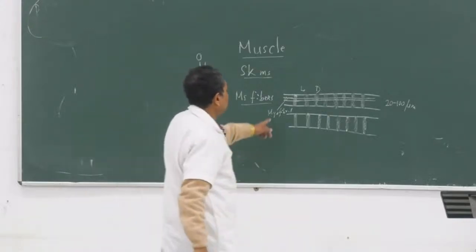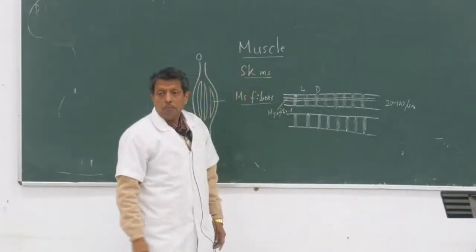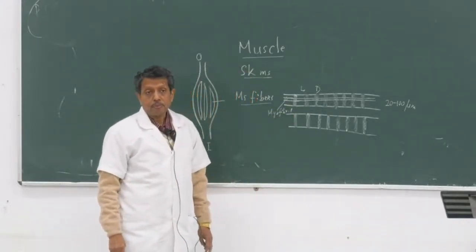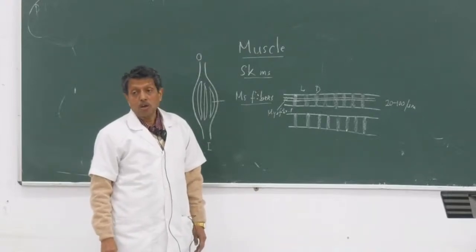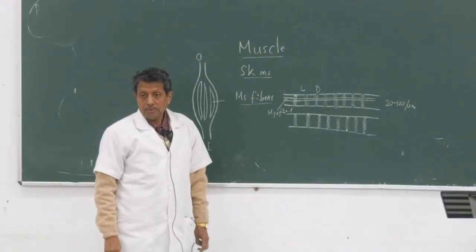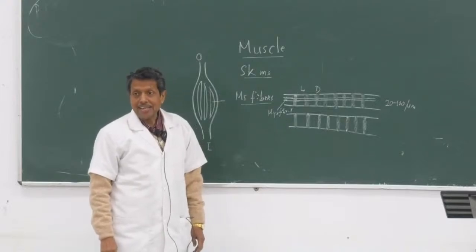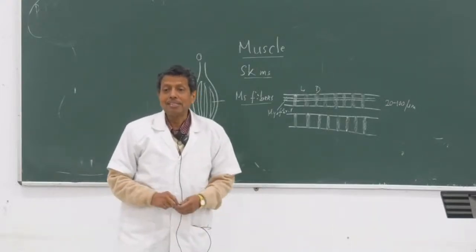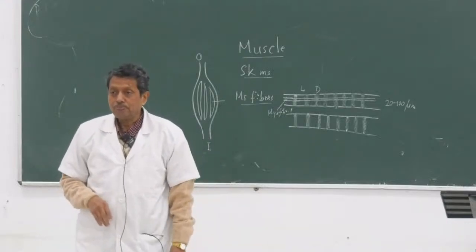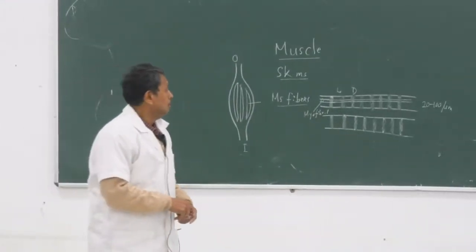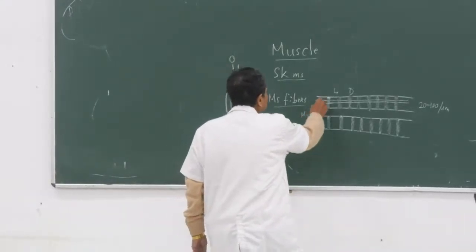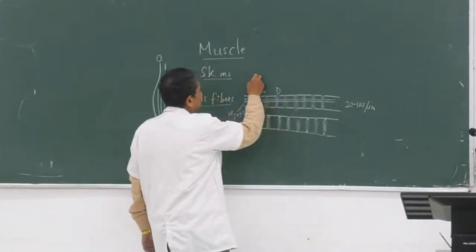And this myofibril is formed of filaments, and filaments are composed of proteins, cytoskeletal elements in really, and they have the property of contraction. And this myofibril consists of these filaments.